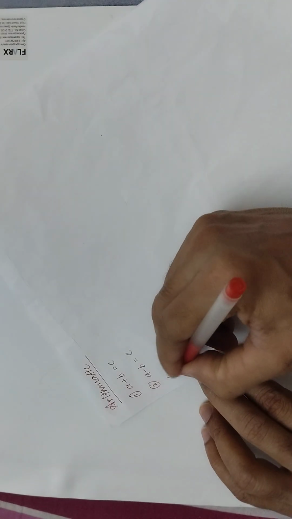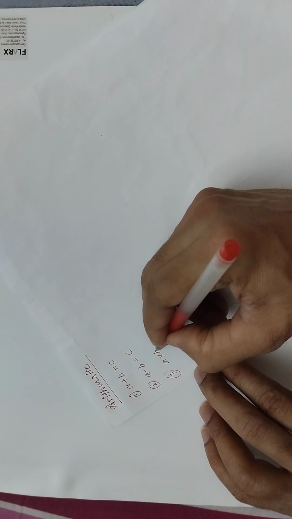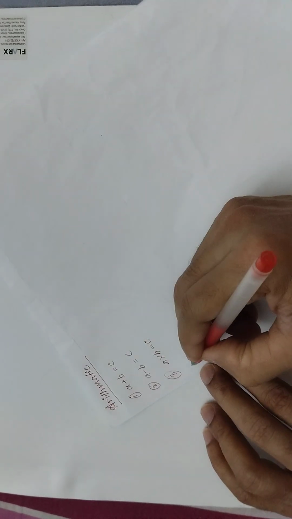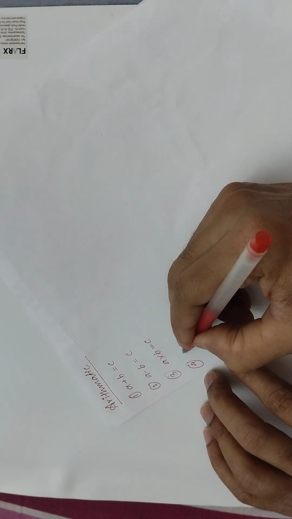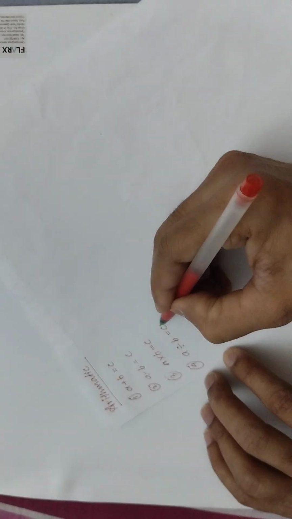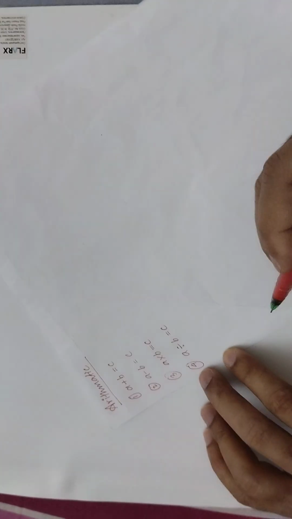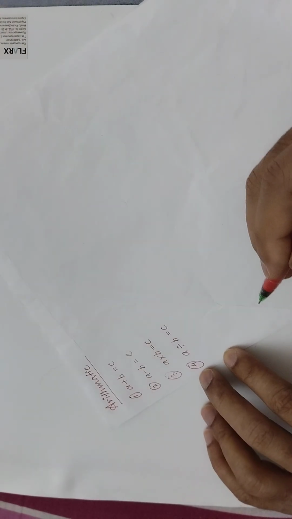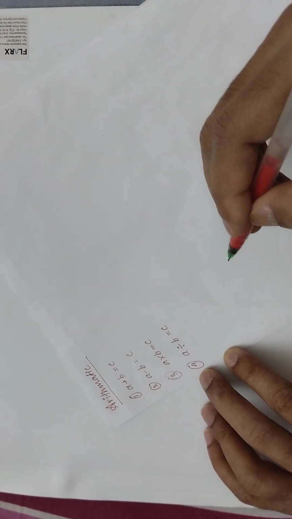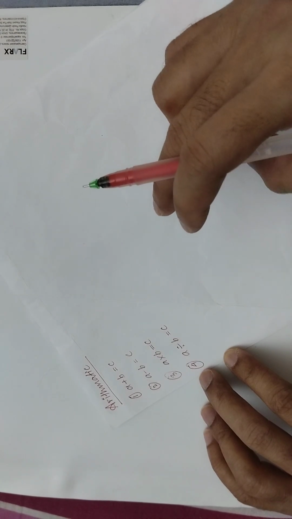Also, we can make a multiplication: a into b, maybe c, or a divided by b, also maybe c. These are the basic rules of arithmetic operations that you would see through examples.